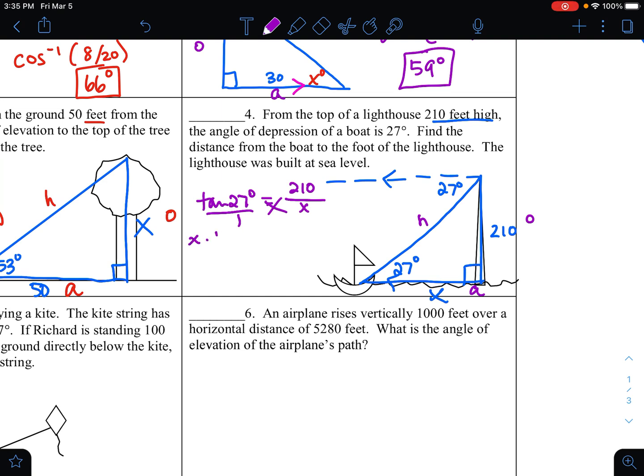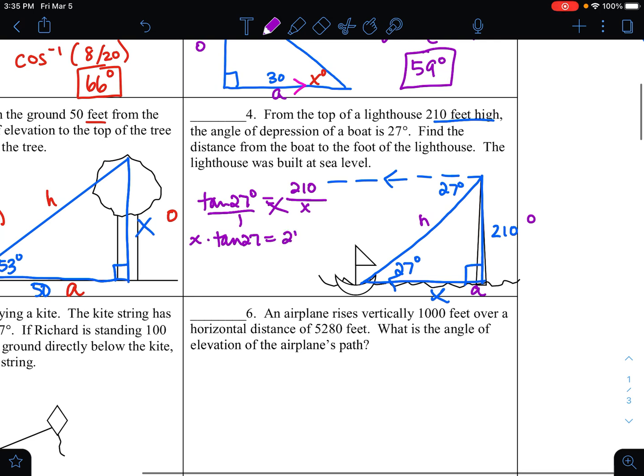So I've got x times tangent of 27 equals 210 times 1 is 210. And remember, tangent of 27 is simply a number. So divide by tangent of 27, and these are going to divide out to be 1. So 210 divided by tangent of 27.